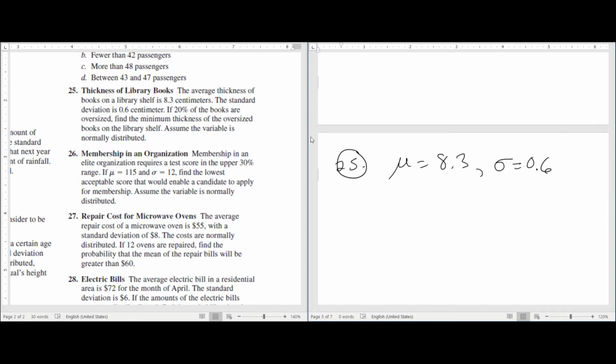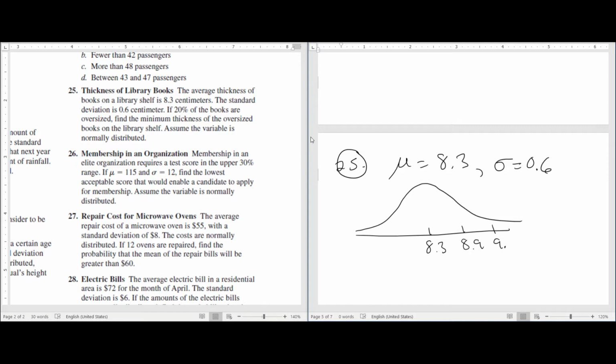So if 20% of the books are oversized, we want that minimum thickness. Oversized means greater than, right? We're going to have some kind of distribution, and we know that 8.3 is going to be in the middle, and the standard deviation is going to be by 0.6s.